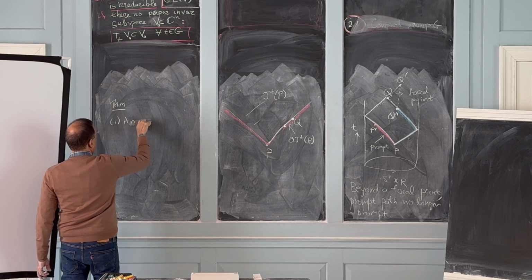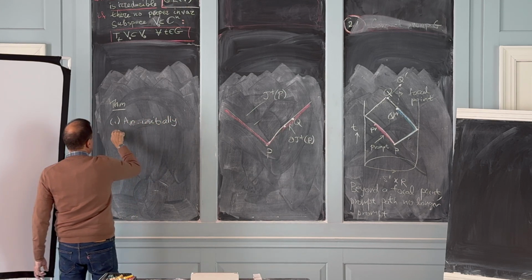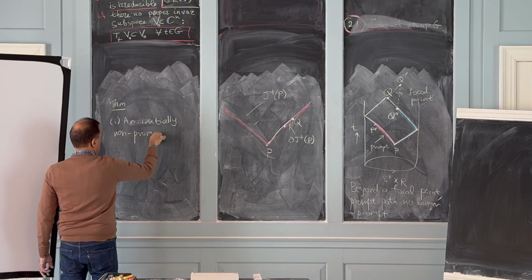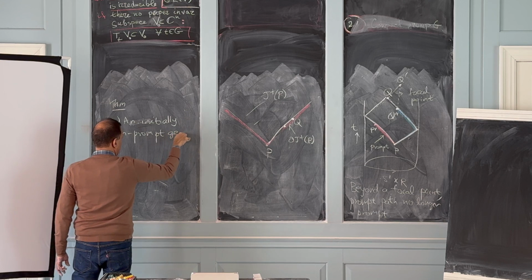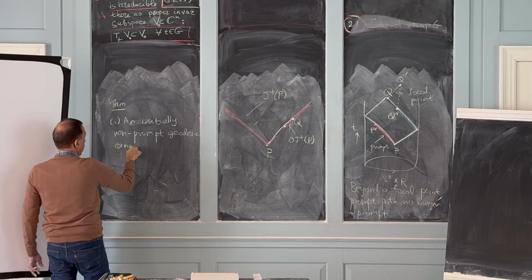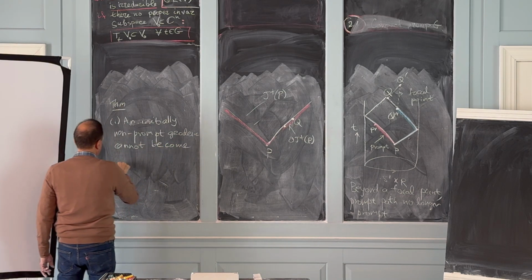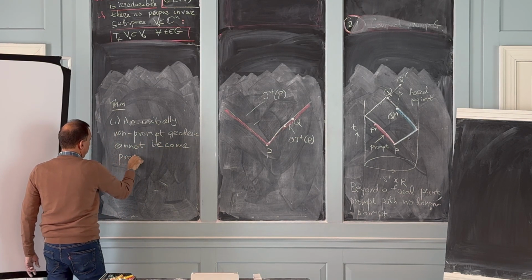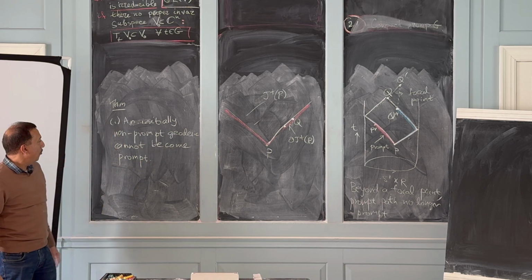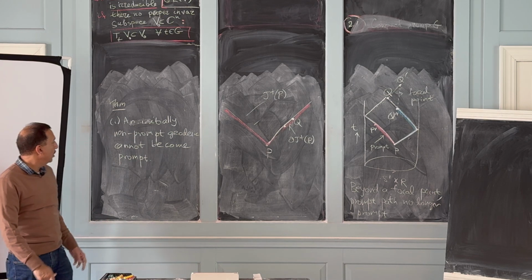An initially non-prompt geodesic cannot become prompt. This is sort of again trivial in simple examples like Minkowski.